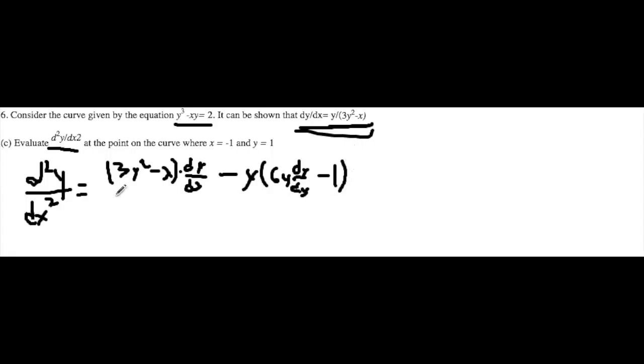All over, remember, once again, this is the quotient rule, so we're dividing by the bottom squared: (3y squared minus x) squared. Sorry for the mistakes.